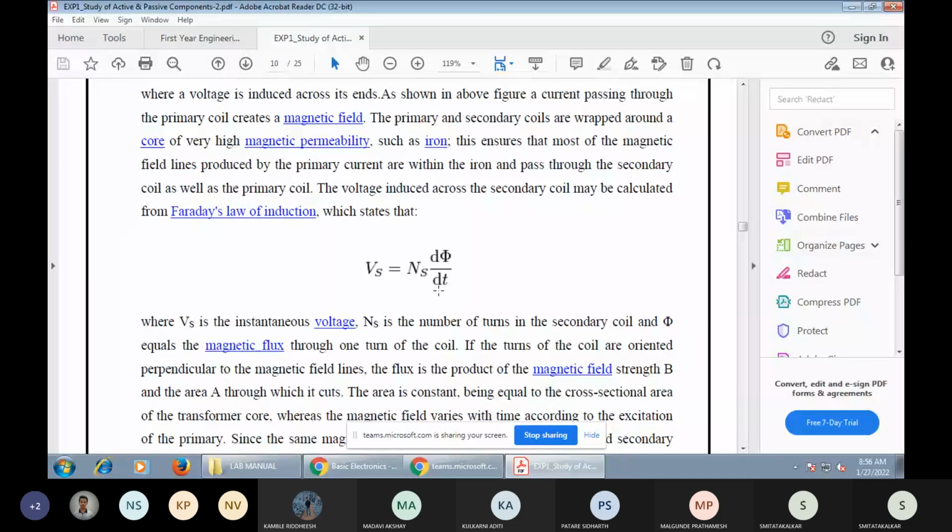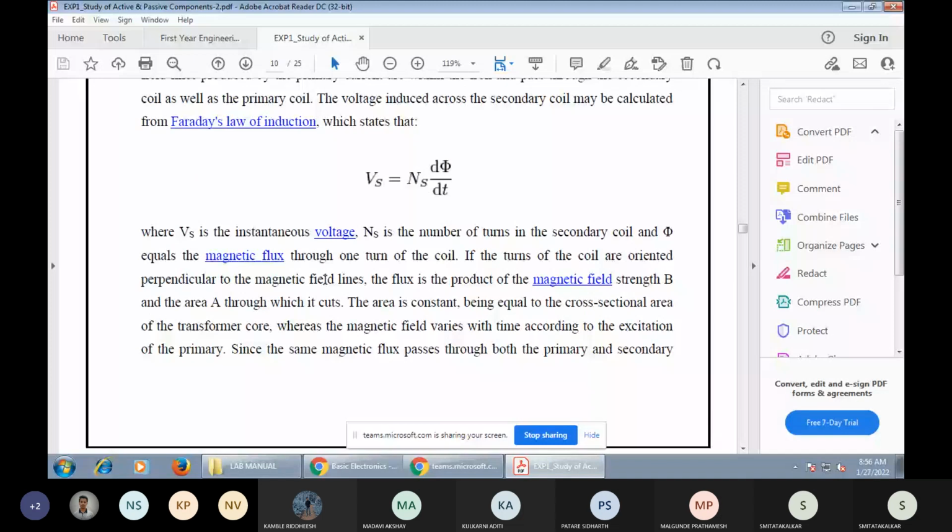The secondary voltage V_S is equal to N, the number of turns, times the magnetic flux phi divided by dt. As the generated magnetic field increases, the electromotive force also increases.